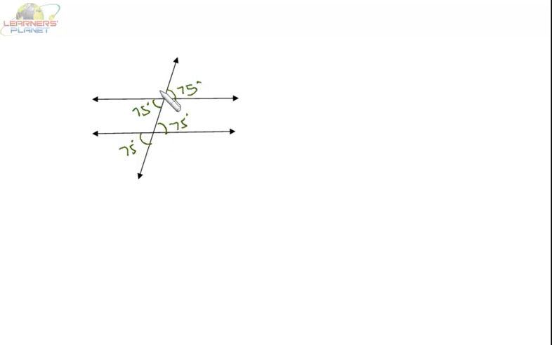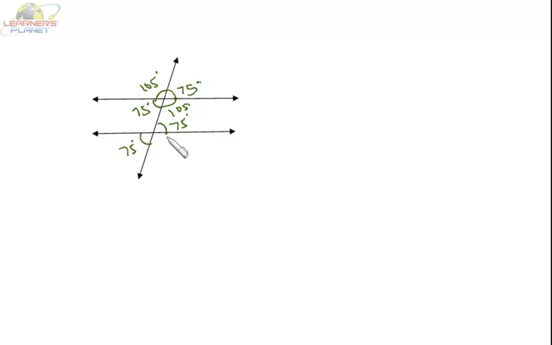Now what would happen? This and this, both the angles are forming a linear pair. So if it is 75 degrees, it has to be 105 degrees, so the sum of both the angles will be 180 degrees. Now if it is 105, this will also be 105, and this is 105.